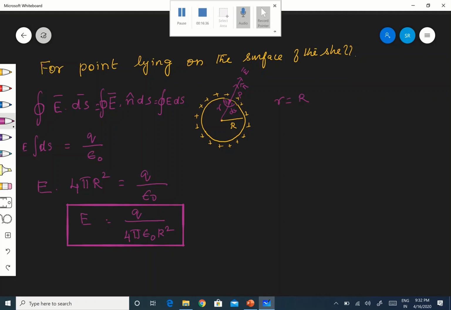And now I want to give the expression with respect to surface charge density.